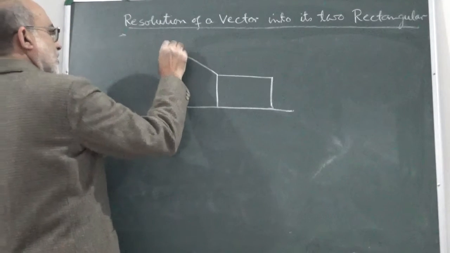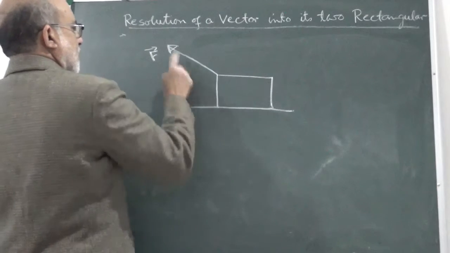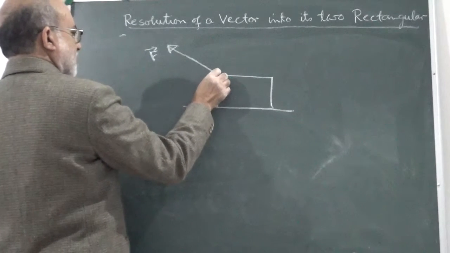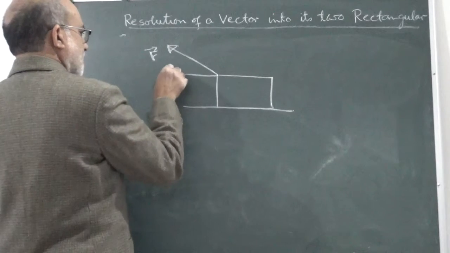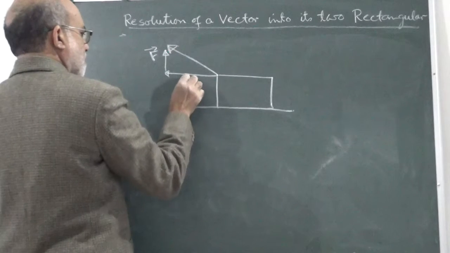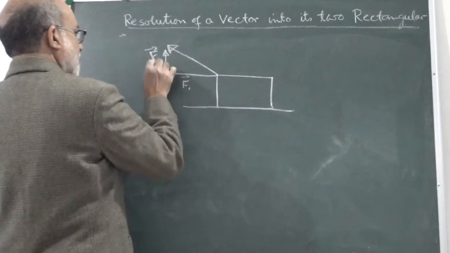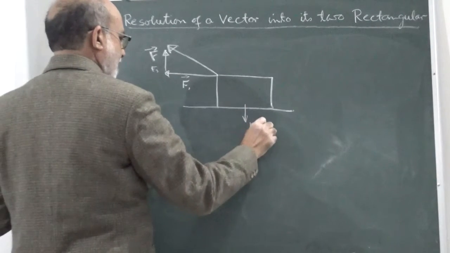Take the block along this direction, and take the two components. Naturally you will find that these are two components, F1 and mg is along this direction.